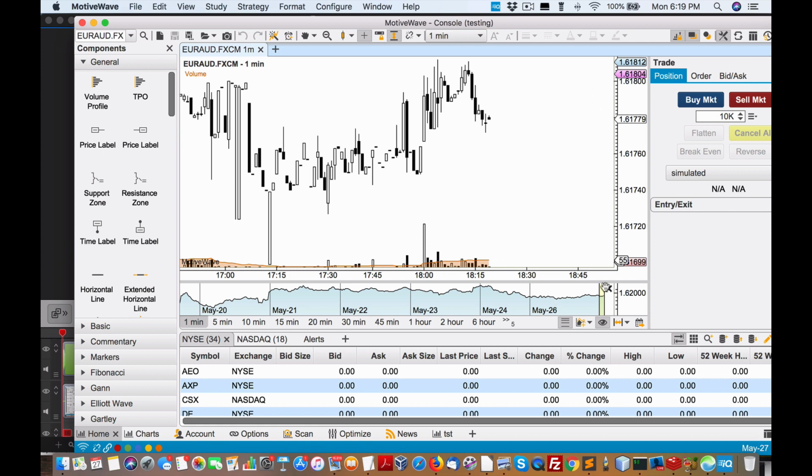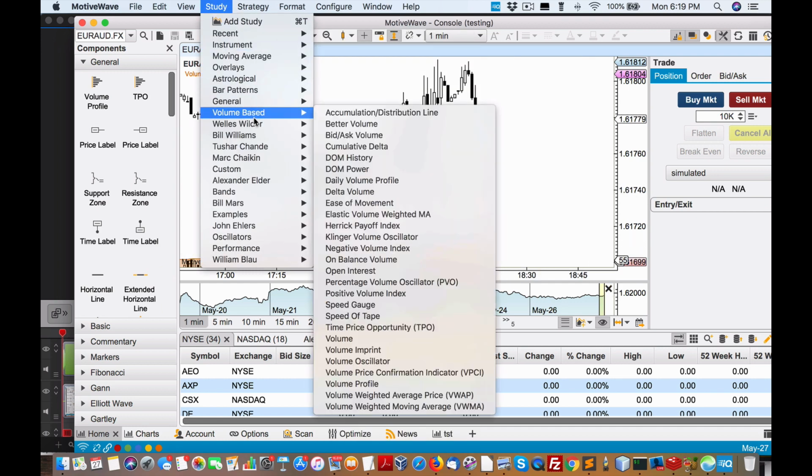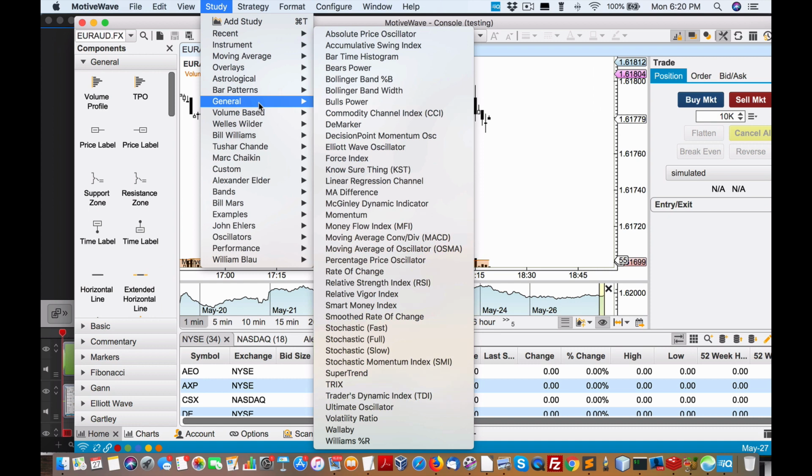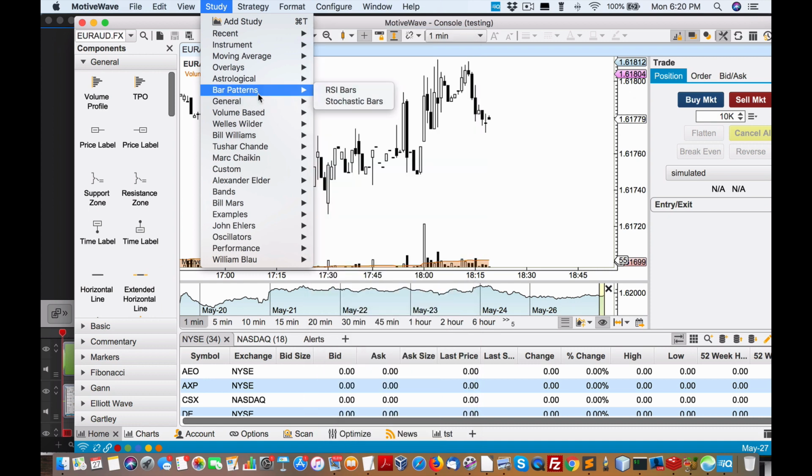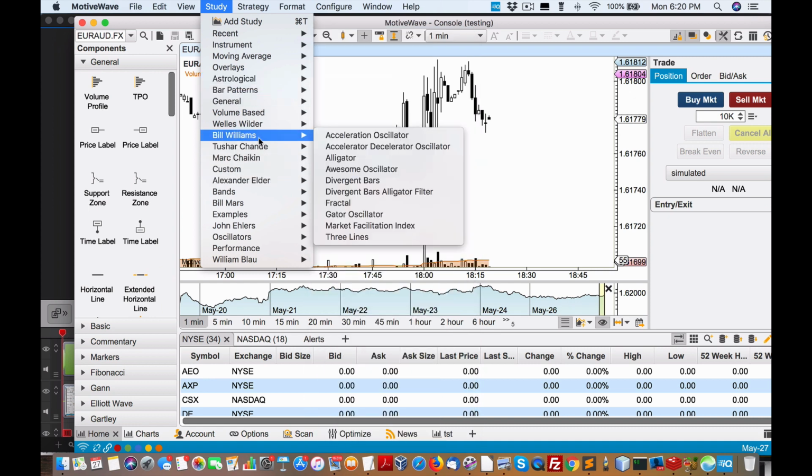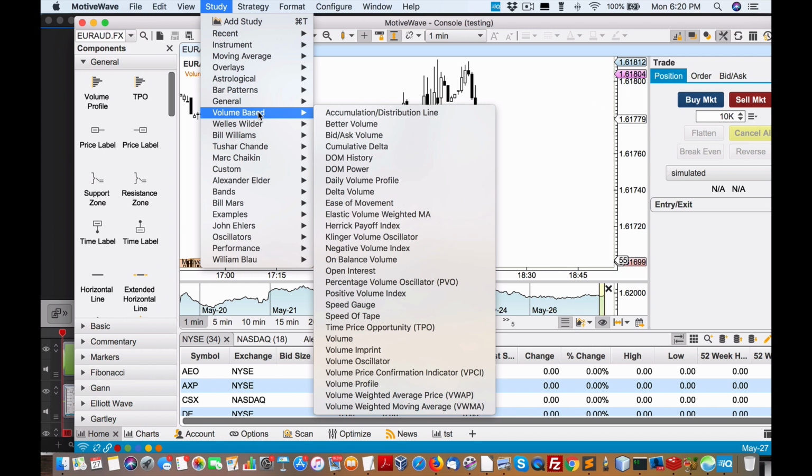So we are looking, I'm not sure what this is, but let's bring back the old one. What were we looking at? Volume based.